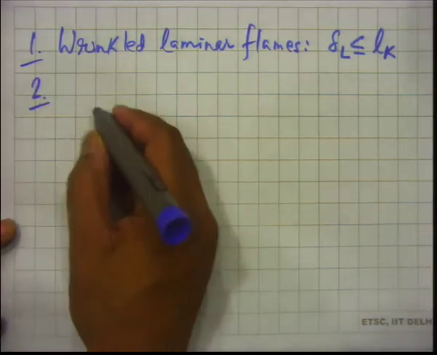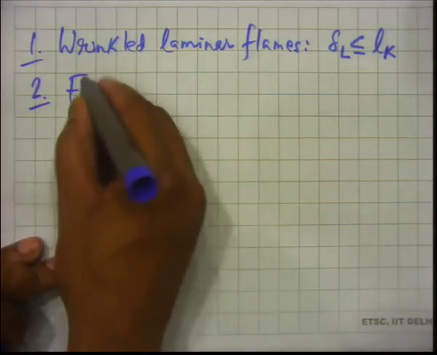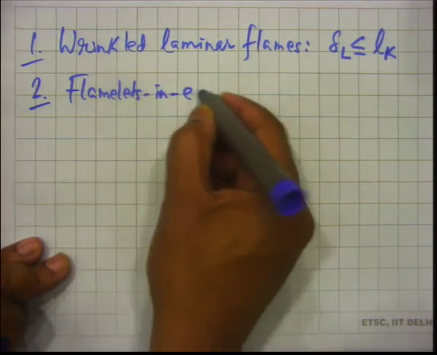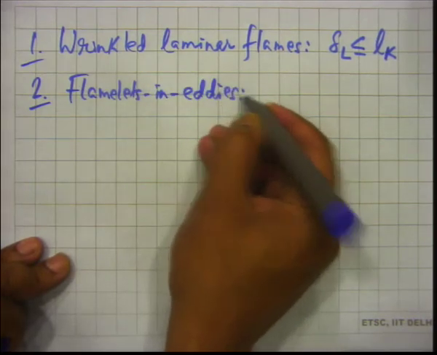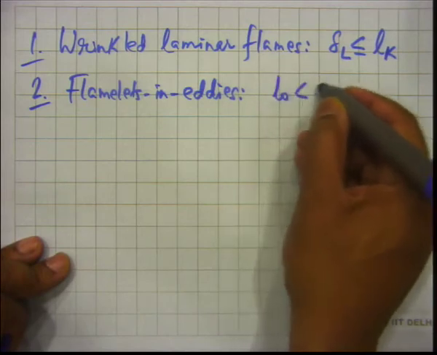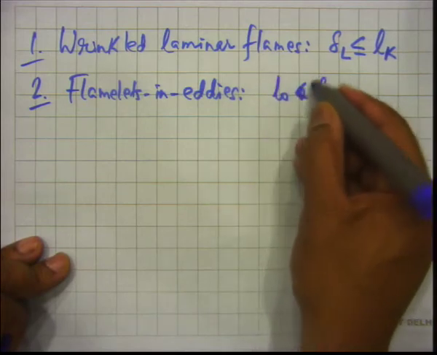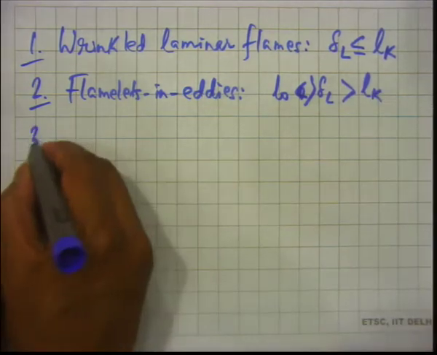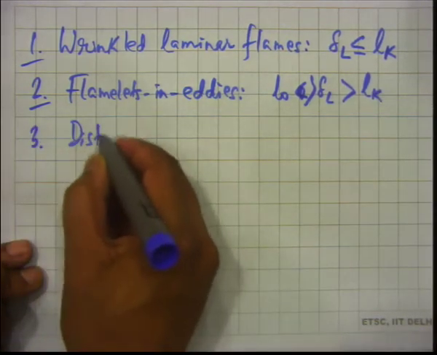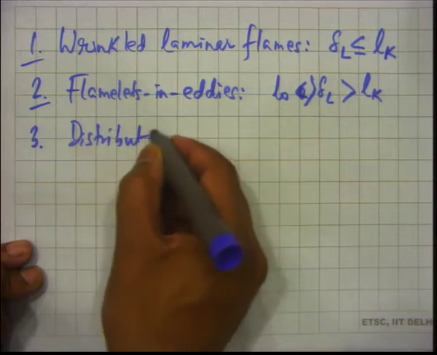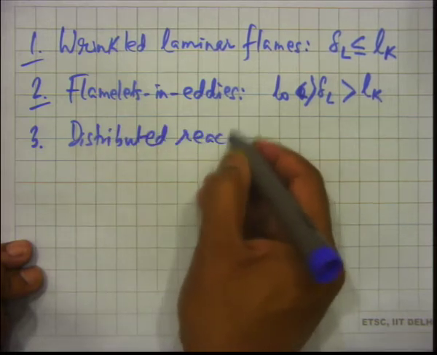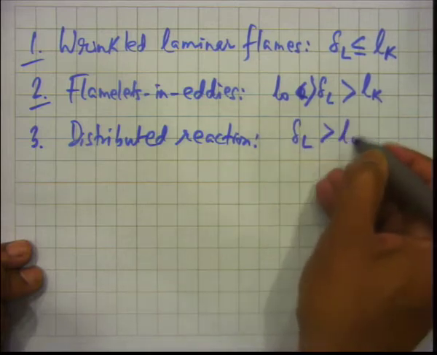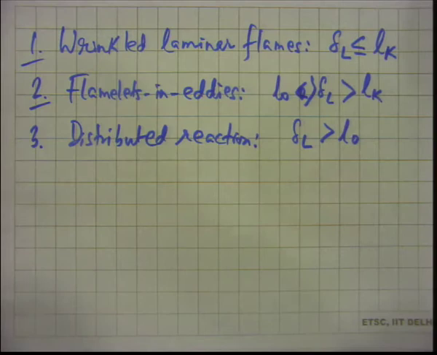Number 2 is called flamelets in eddies, and that is LO greater than delta L and delta L greater than LK. And then there is a distributed reaction regime where delta L is greater than LO.